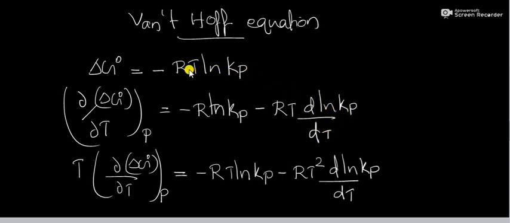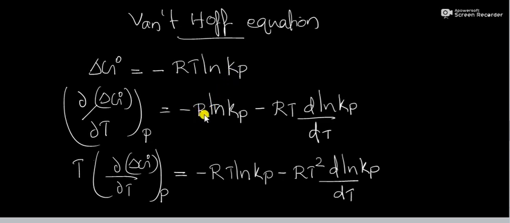Here T into ln Kp. Here R is constant, and on differentiating T into ln Kp, first we differentiate by taking T as a constant, then differentiating Kp as a constant.